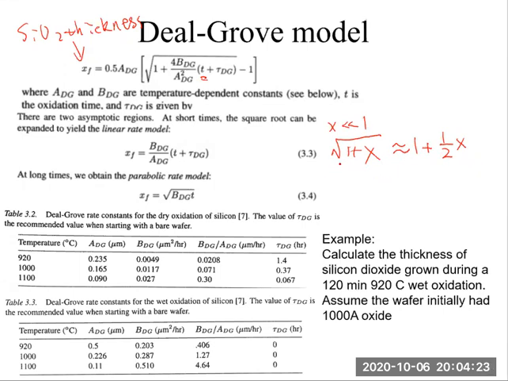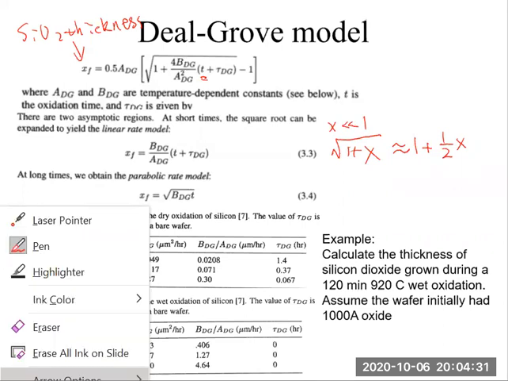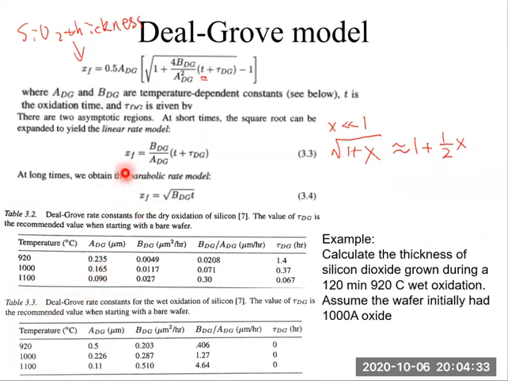The square root can be replaced by a linear function. It can be linearized when X is small. Then the thickness of silicon dioxide is equal to BDG over ADG times (T plus tau DG). So XF is a linear function of oxidation time.